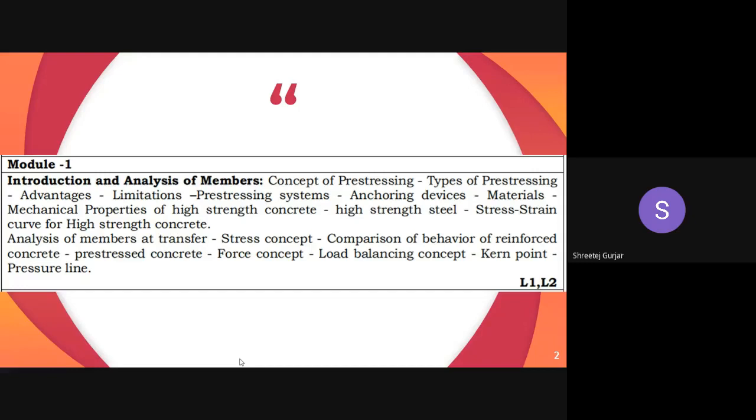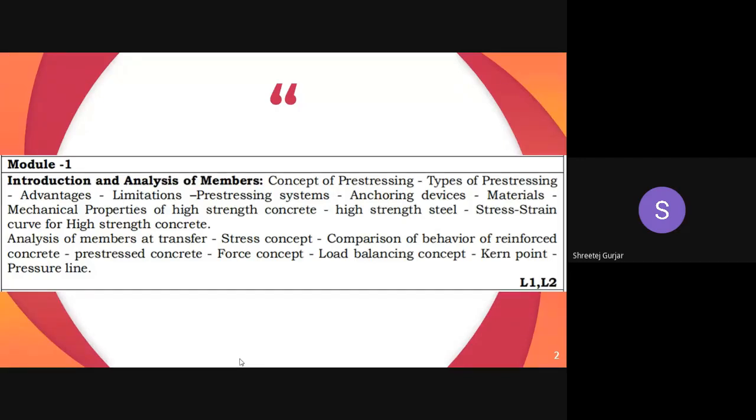Let me tell you, for those who missed the first class, I have explained the code that we use for PSC, that is IS 1343:2012. Remember? In that I have shown you that all of this is available in your code book. If you go through that, you can find it and mark it, so it will be easier for you in the exam.